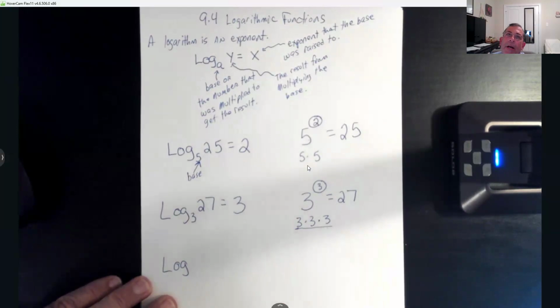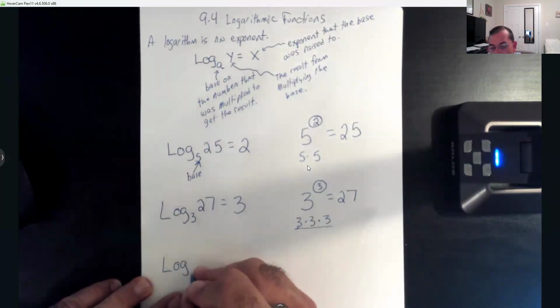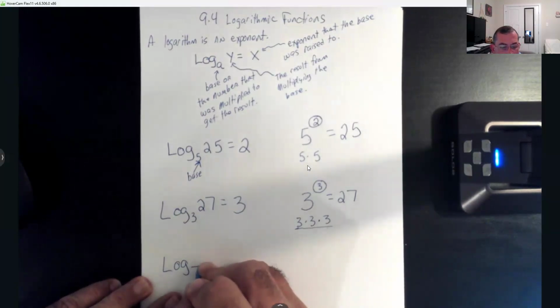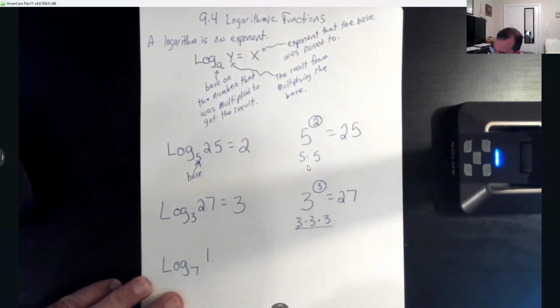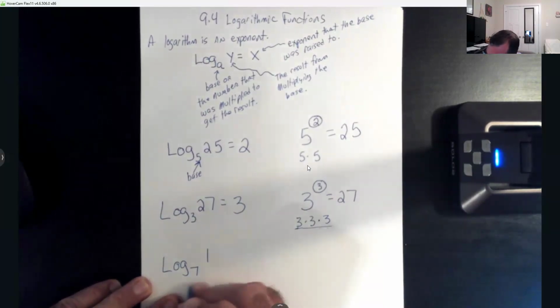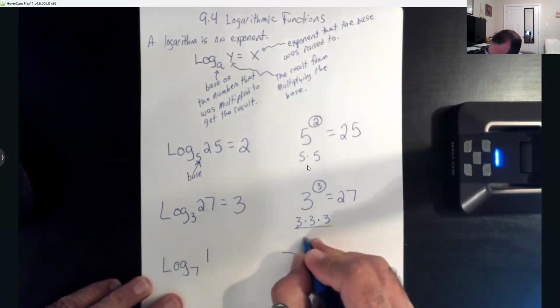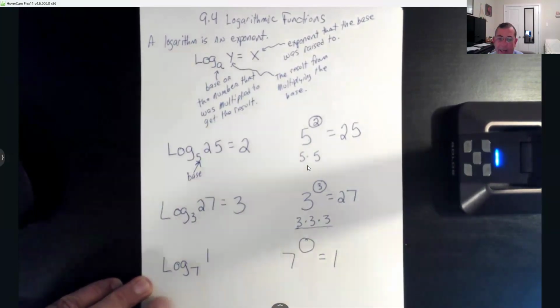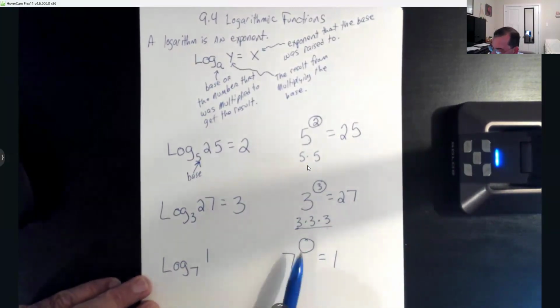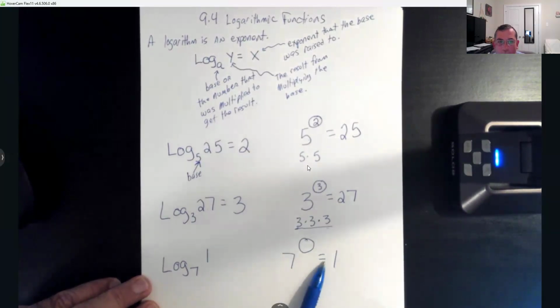So let me do one more. How about a log base 7 of 1? So I got base is 7. I don't know the exponent, but that's got to equal 1. And y'all, there's only one exponent that you can raise any number to that'll equal 1.